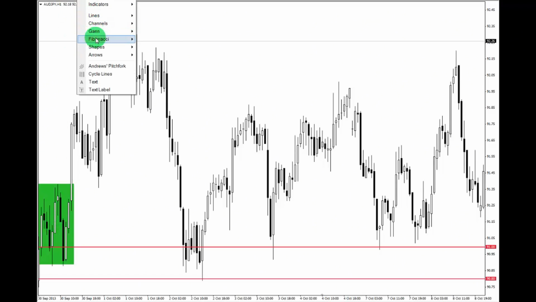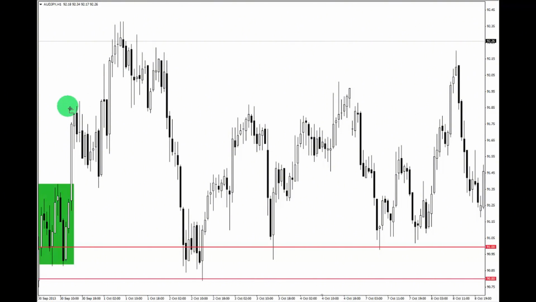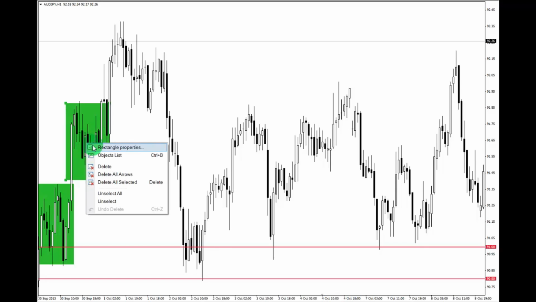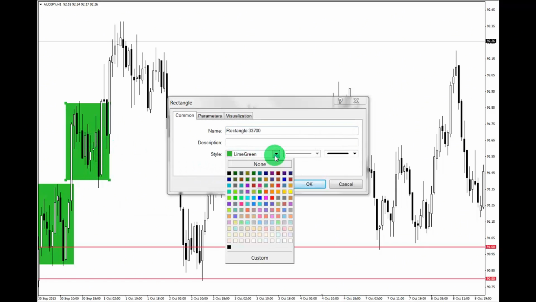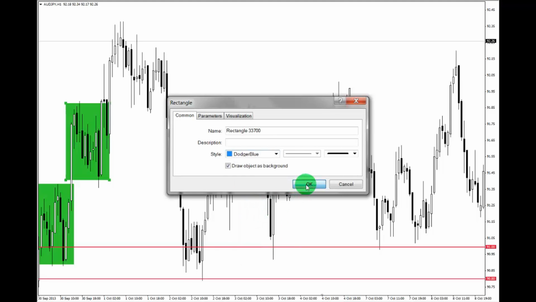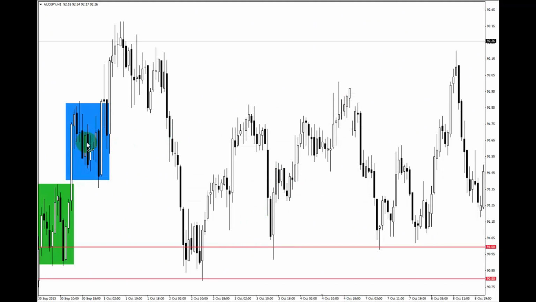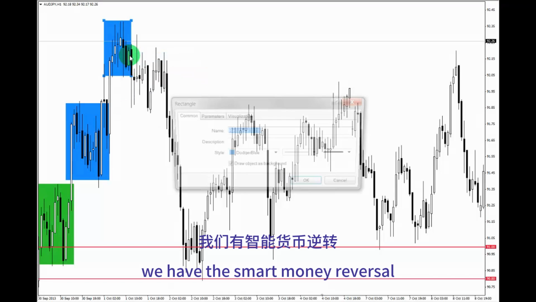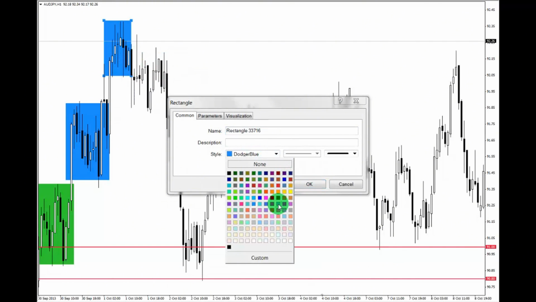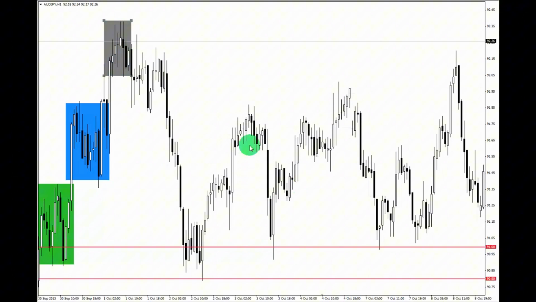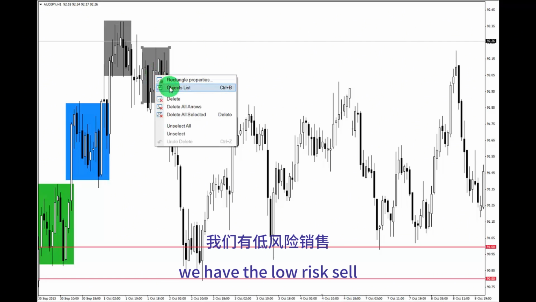We have the reaccumulation. We have the smart money reversal. We have the low risk sell.